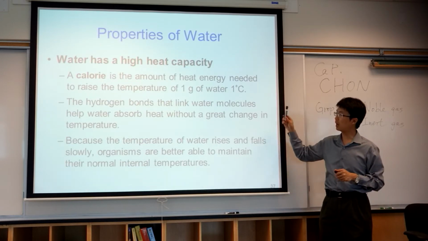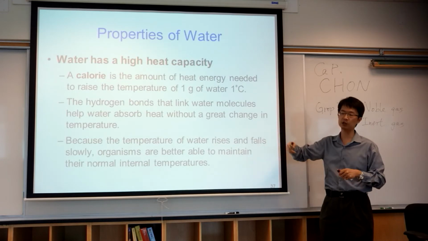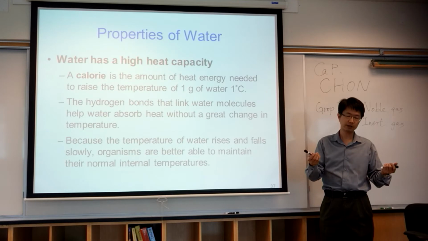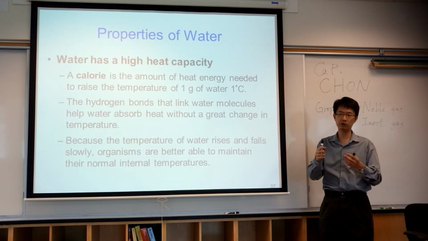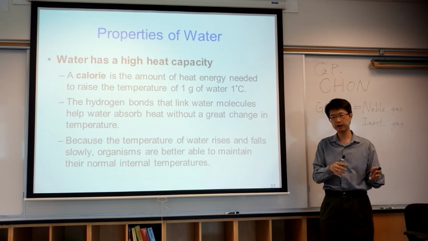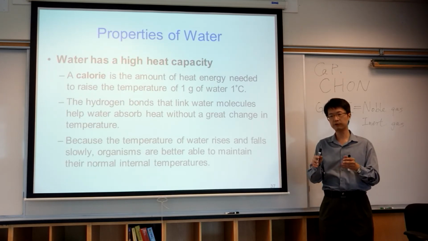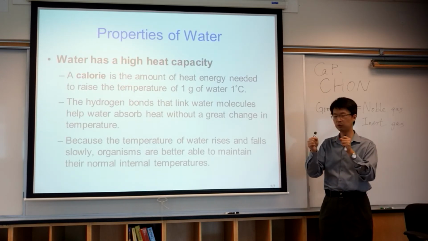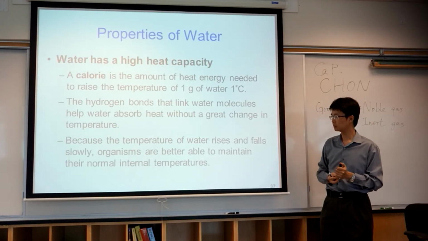Water has a very high heat capacity, meaning that it takes a lot of energy to vaporize, to change the water from one state to another. It takes a lot of energy to change water from ice to liquid, and a lot of energy to change it from liquid to gas. Why? Because of hydrogen bonds. Hydrogen bonds hold it together.